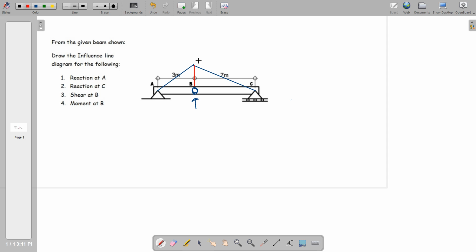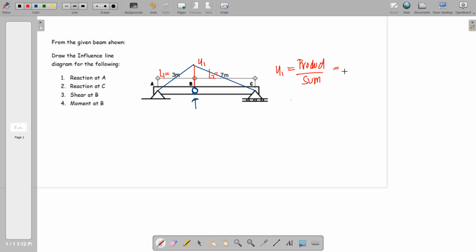I'm going to label that as y1, and y1 will be equal to the product over the sum. The product of L1 and L2, where this is L1 and that is L2.